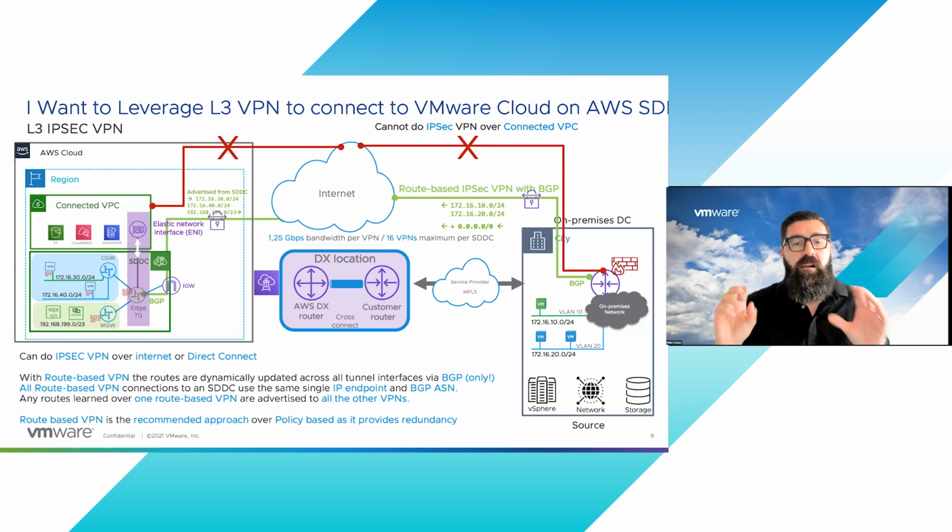So any routes learned over one route-based VPN are advertised to all other VPNs. This is really important because we are playing with BGP routes, so take that into consideration. Route-based VPN is our recommended approach over policy-based, and it also provides redundancy on the connectivity.